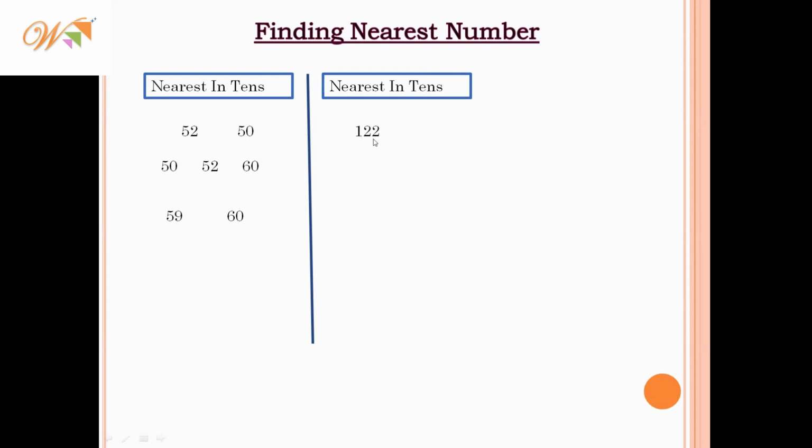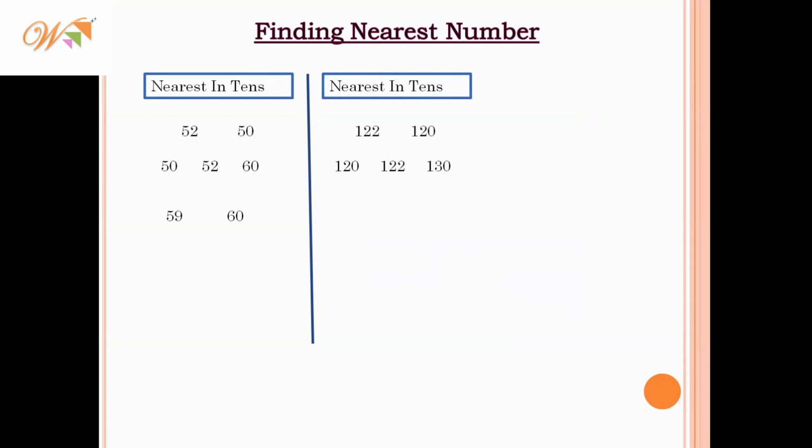So 22 lies between again 20 and 30. See, 1 comes as it is, but 22 lies between 20 and 30, and 22 is more near to 20. So the answer will be 120. So the nearest tens for 122 will be 120.